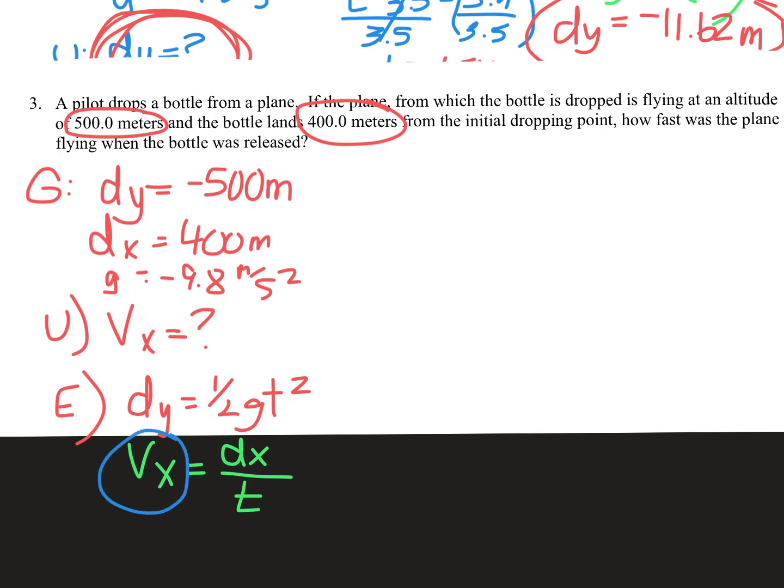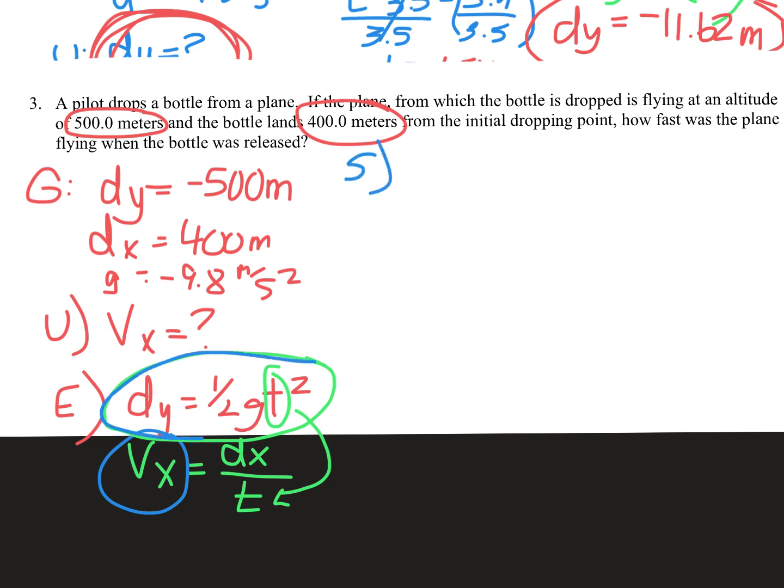The only problem is I don't have time yet, so I can't just do displacement in the x direction divided by time. But I do have enough information to solve for time in this equation. So let's solve for time in this equation and then plug that into this one. So we need two little problems. Let's go ahead and do it.